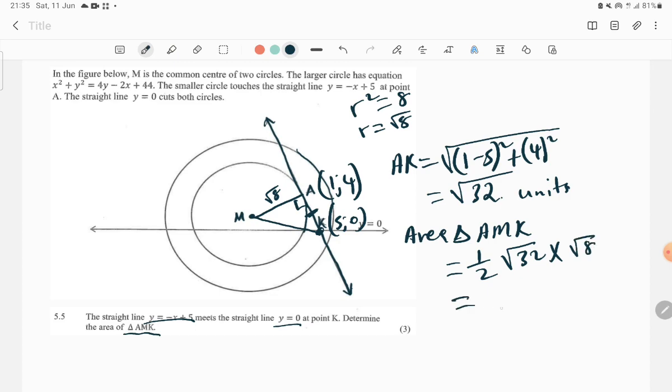And you can see that if you press your calculator, you will get just 8 units squared. So this is the area of this triangle AMK. So done with that.